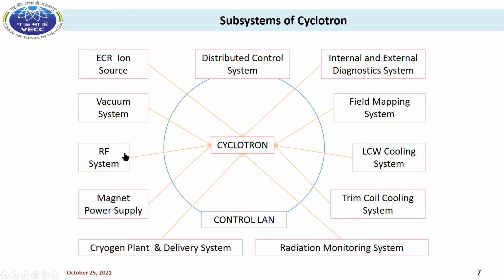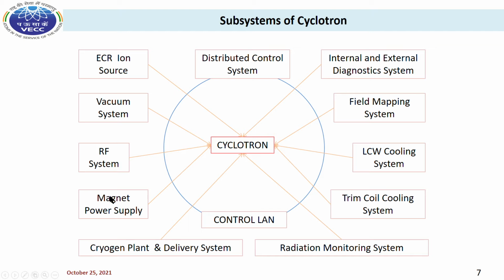So RF is an important subsystem. It has an operating frequency range. RF power is fed to D through the D stem. Then it has a main electromagnet. It is a solenoid coil which is fed by the magnet power supply.